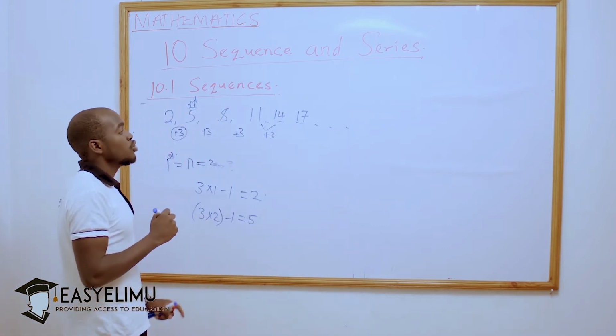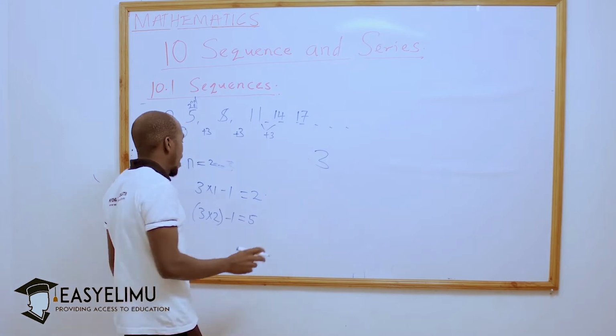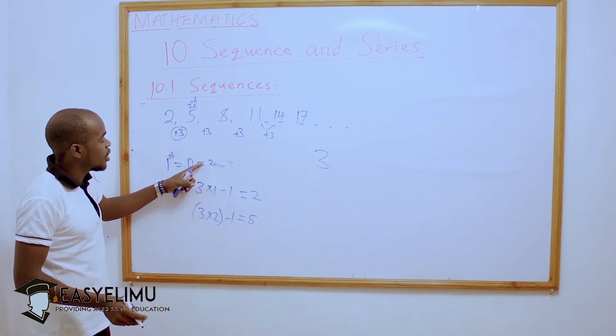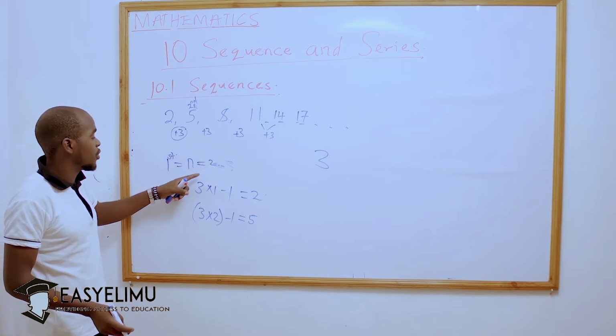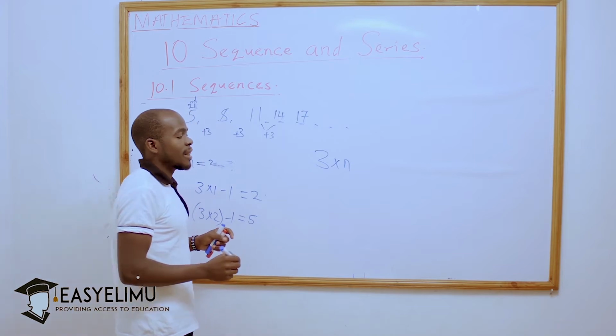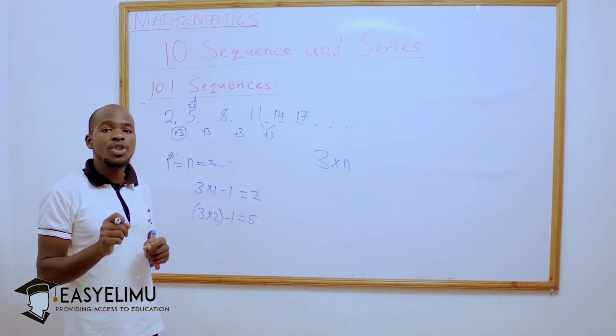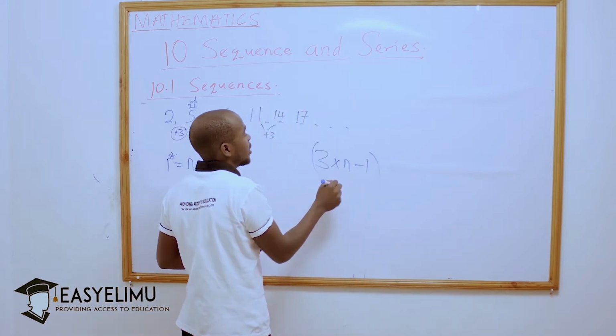But if you use the formula you have found, it is 3 multiplied by this n here, where n represents the nth term. So we shall multiply by n, the number at the position which you want to seek, and then you subtract 1 and you will find your term.